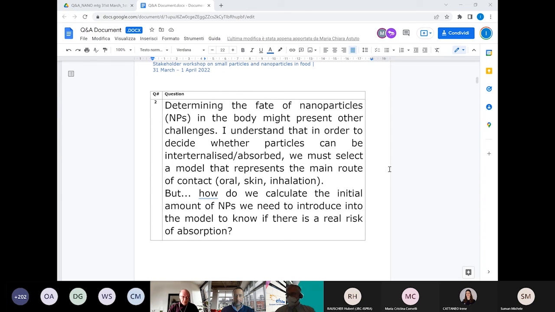Migration modeling comes to the conclusion that no particles can be released from this PET matrix, because we can assume that the particles are fully embedded. Therefore no diffusion would be possible for these particles.